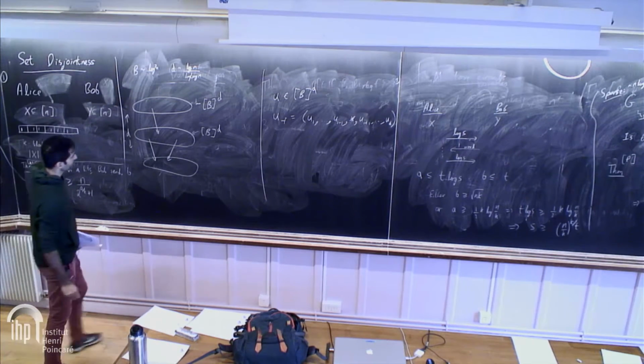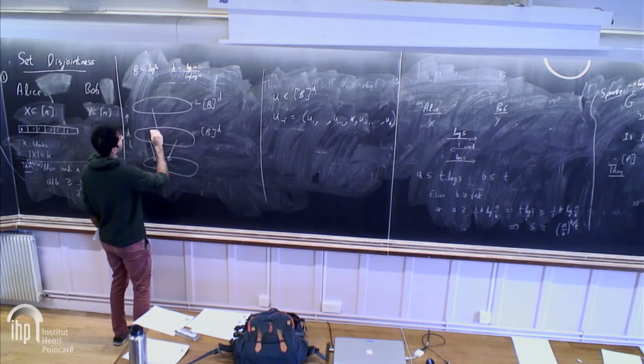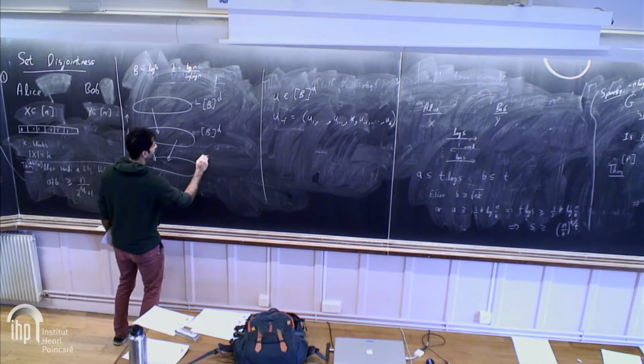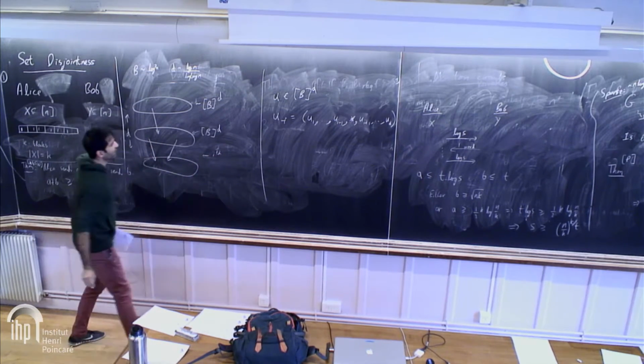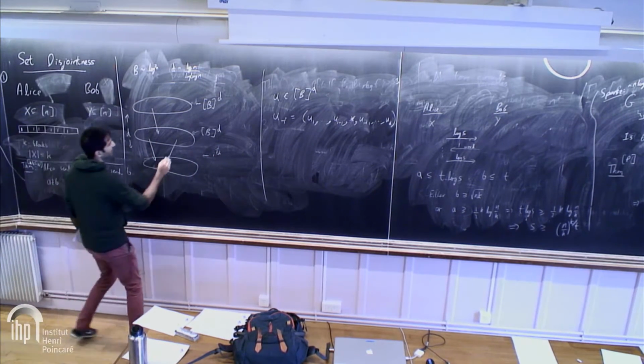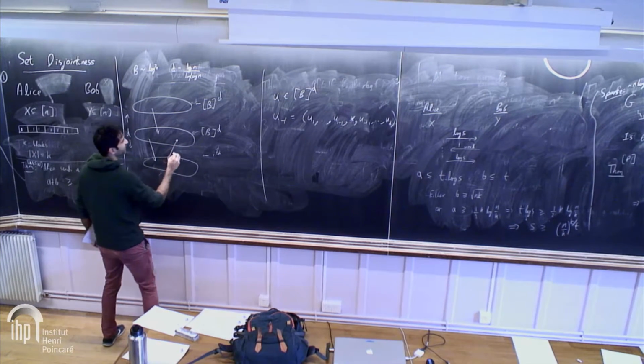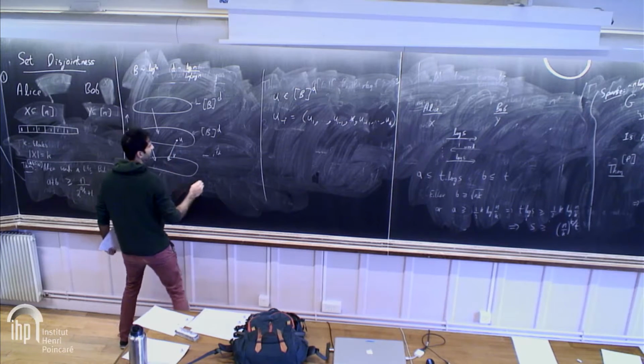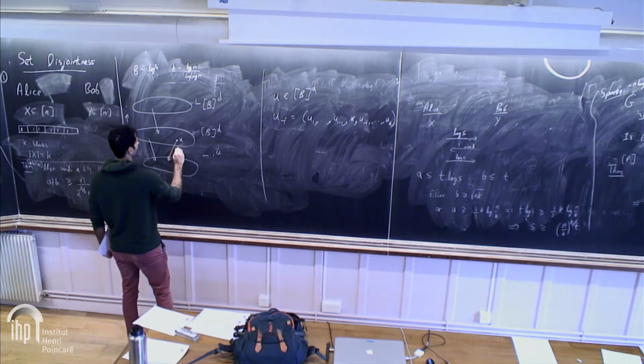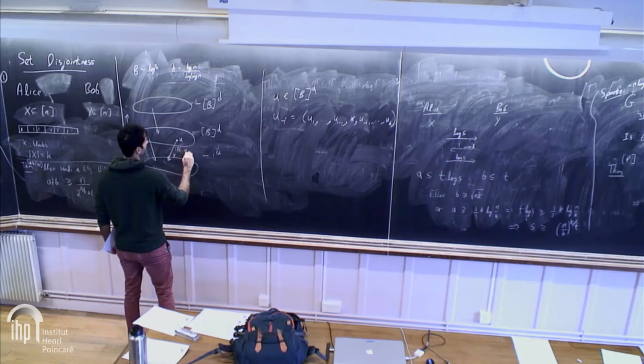In the ith layer, the way this graph is structured, I connect vertices u and v if and only if u minus i is equal to v minus i.